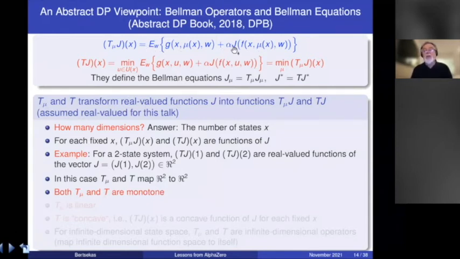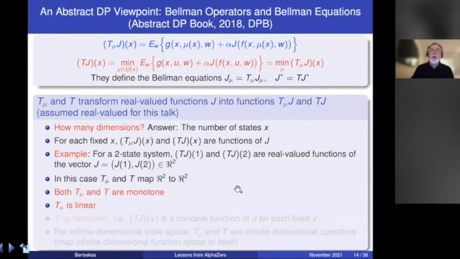Expectation means a positive linear combination, so it has the monotonicity property. And similarly here, as you increase J, because the expectation operator preserves monotonicity, and the minimization also preserves monotonicity, you have that T_mu and T are monotone.